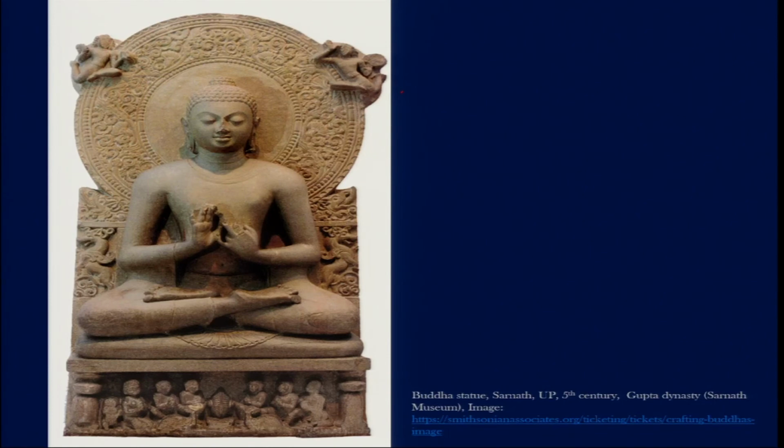So this balance between the details, the ornamentation, and the unadorned part of Buddha's body is what makes this sculpture relevant, and it has also been studied over a period of time.